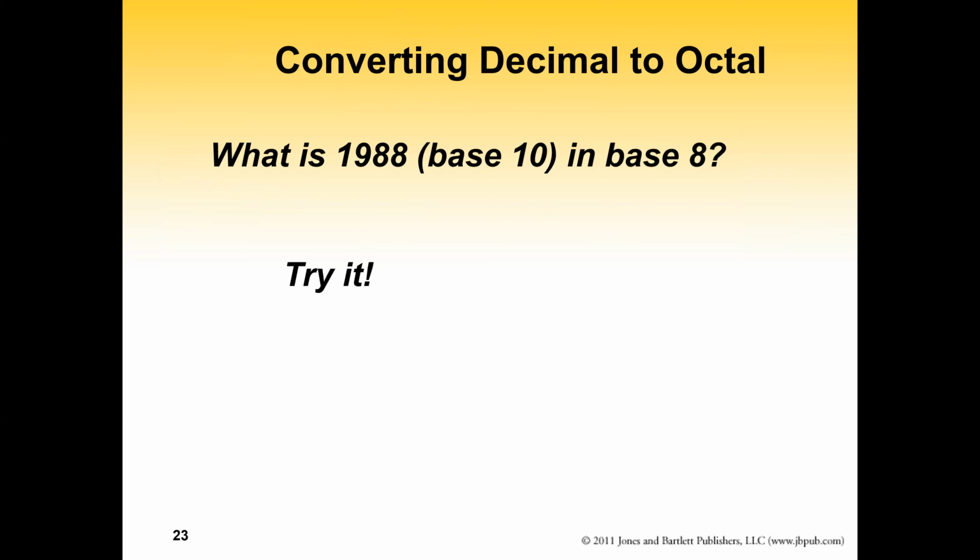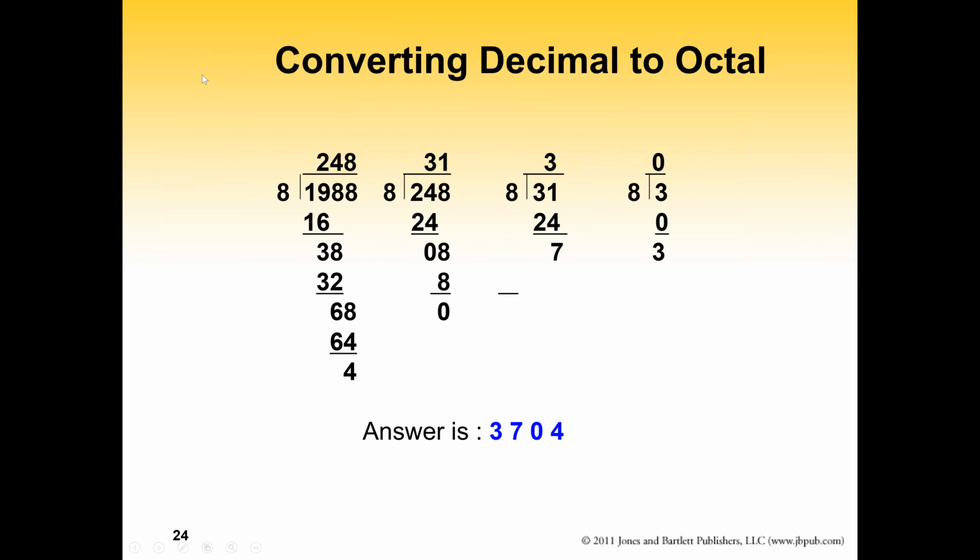Now, if I'm converting octal to decimal, I will write the base 8 with exponent 0 for the least significant digit, then the next 1, then the next 2, etc. But if I'm converting decimal to octal instead of octal to decimal, we divide. So you can see here, we are converting 1988 to octal.